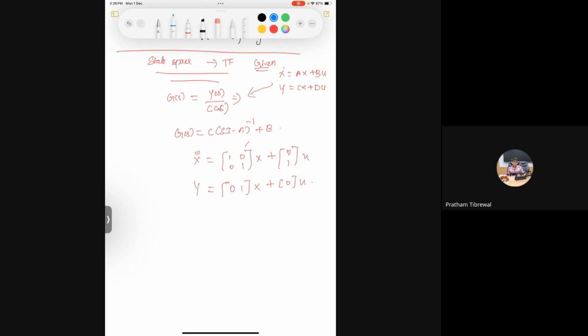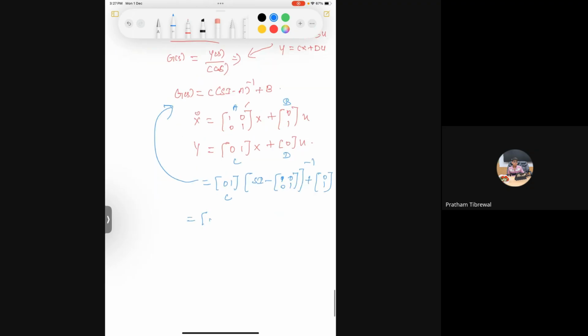This is the A matrix, this is the B matrix, C and D. If I substitute this in this equation, what will I get? [0 1], this is the C matrix, into (sI minus A matrix), [1 0; 0 1], the whole inverse, times B, which is [0; 1], plus 0. So this will give me [0 1] (sI minus [1 0; 0 1]) the whole inverse, [0; 1].